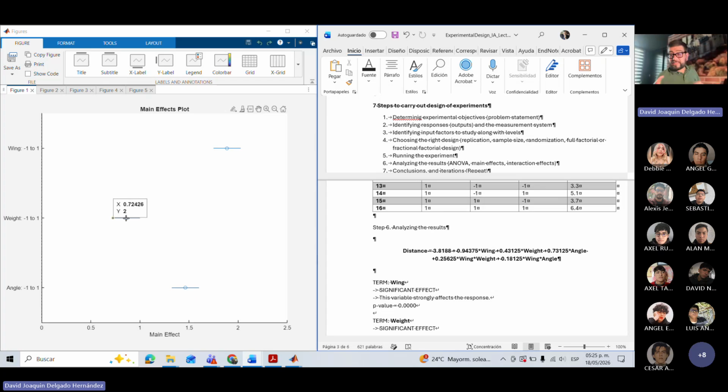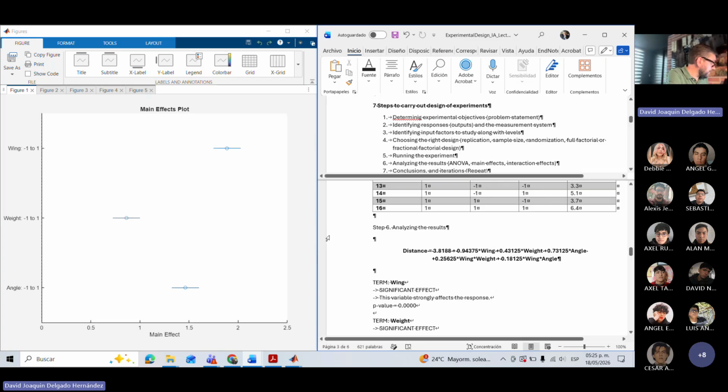Okay, so that is the order of the factors. So the greatest effect is related to the wing. The second is the angle, and the third is the weight.